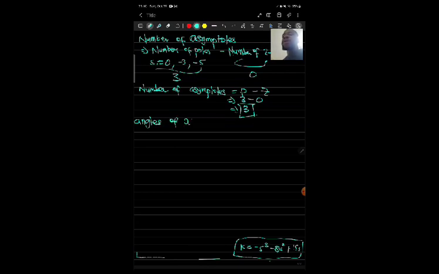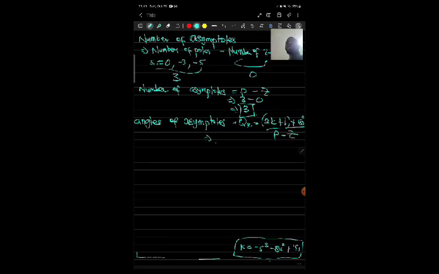So we go on to find the angles of asymptotes, which is equal to, we can say this is Qk, equal to (2k plus 1) times 180 all over number of poles minus zeros.